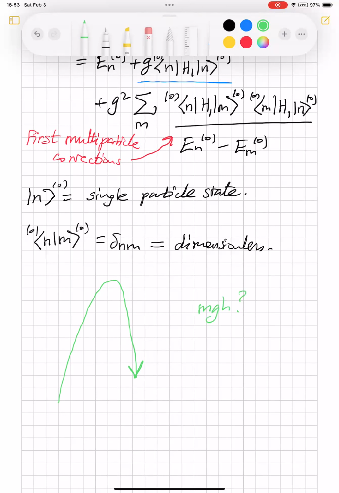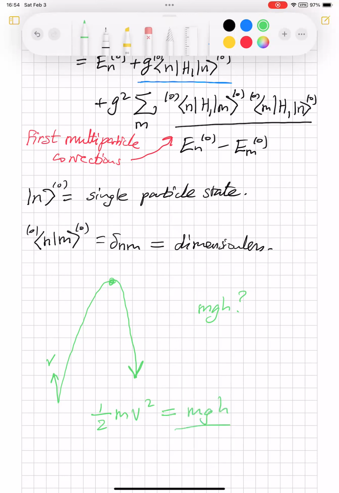Well, certainly you know how to calculate the value of mgh at this highest point. What you would do is take the velocity with which I launched this particle, or it could be anything, a ball. We would calculate its kinetic energy. Its kinetic energy is a half mv squared, and we would set this equal to mgh.